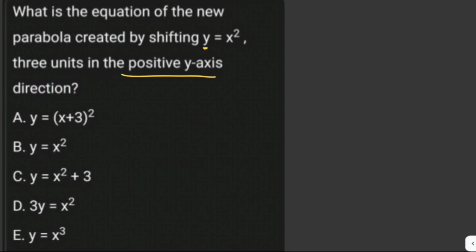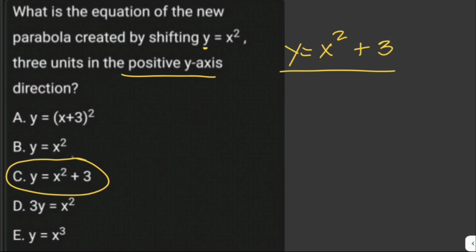That is, we increase y by 3 units. The whole function y equals x squared, we increase that by 3 units. Therefore, the answer is y equals x squared plus 3. So the answer here is letter C.